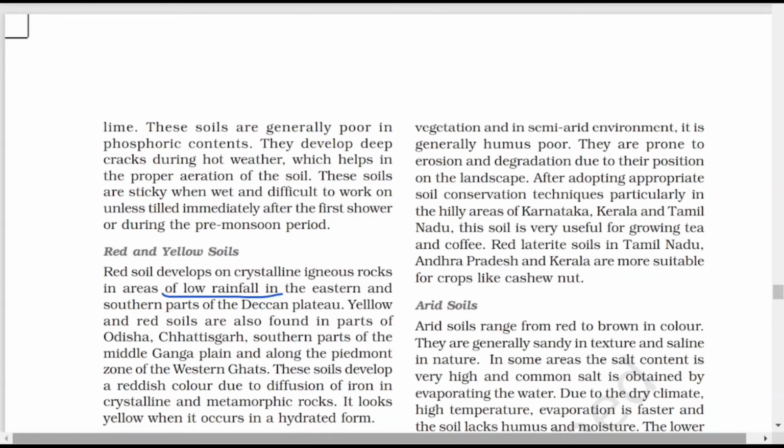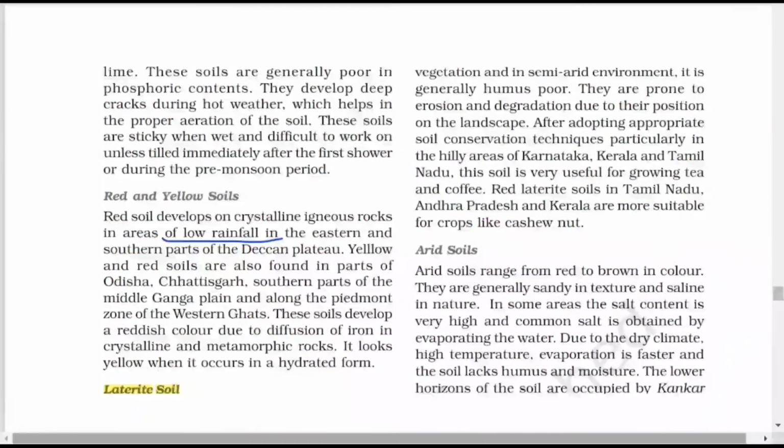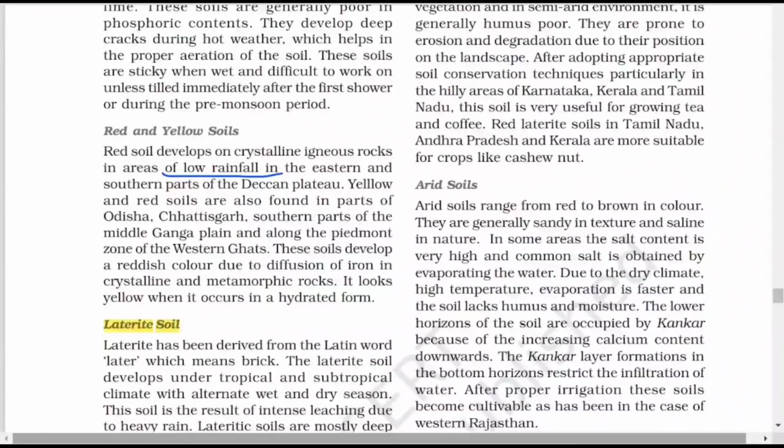Okay. Now, going to the next line, look at that. After adopting appropriate soil conservation techniques, particularly in the hilly areas of Karnataka, Kerala and Tamil Nadu, this soil is very useful for growing tea and coffee.